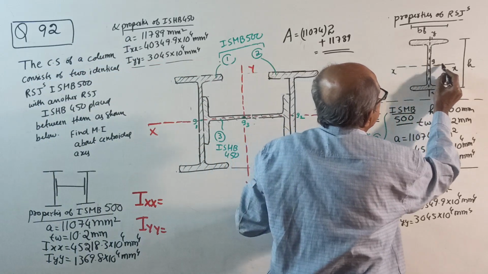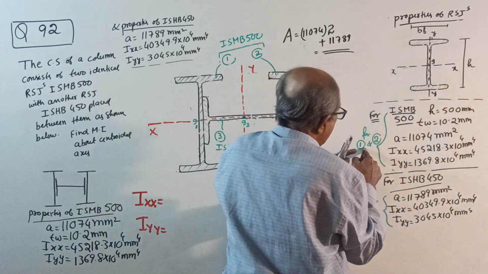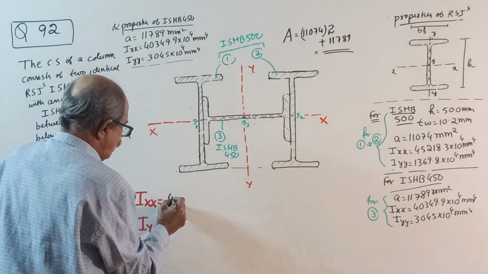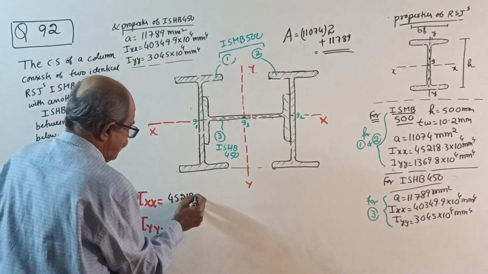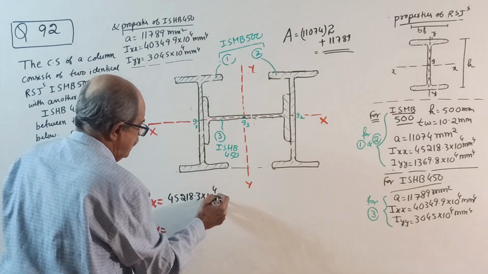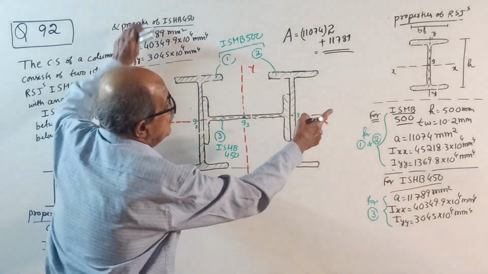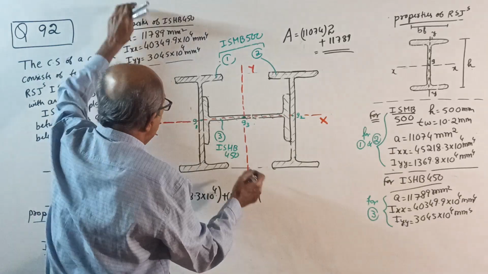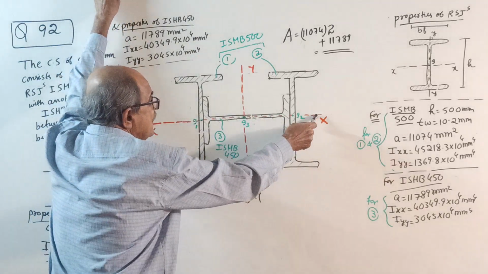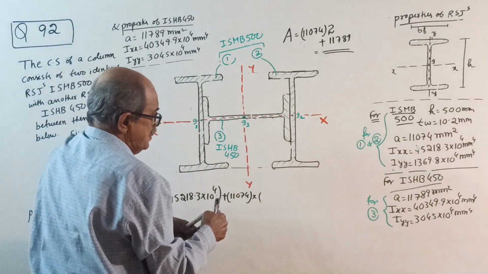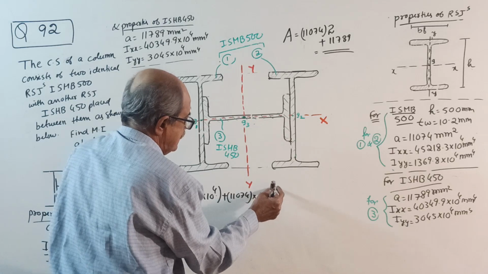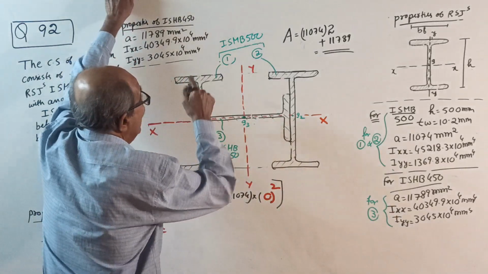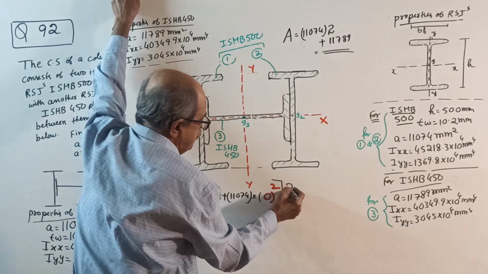That axis for 1, I is 45218.3 × 10^4, Ig, plus the area 11074 into centroid G1 lies in XX, so into 0 square over. This is I for 1. I for 1 is identical for 2, so multiply by 2.